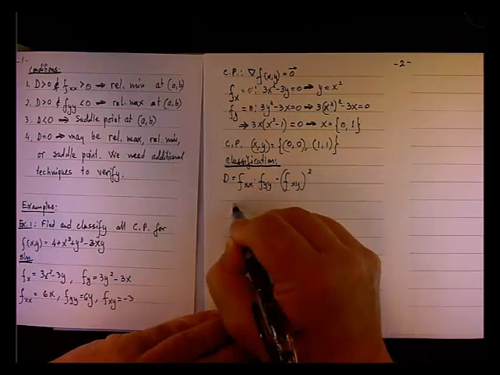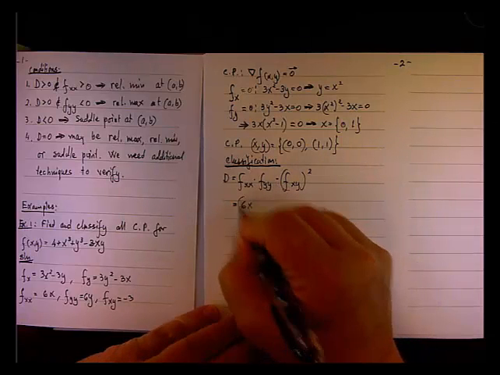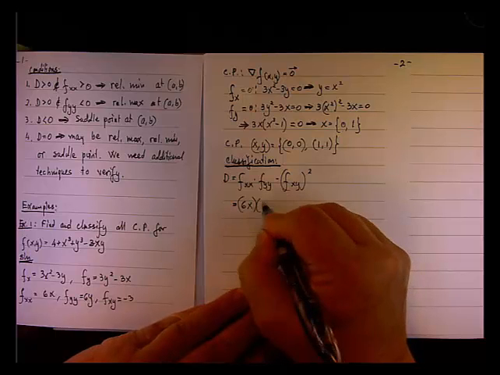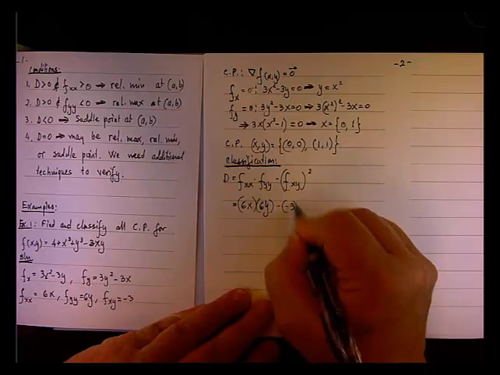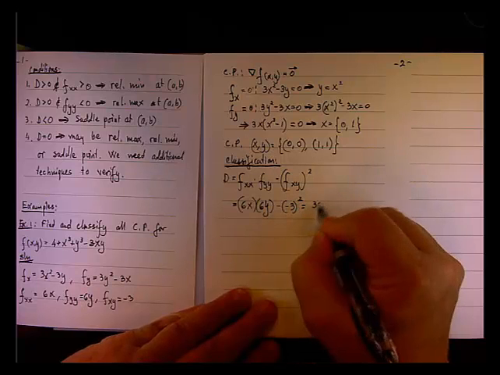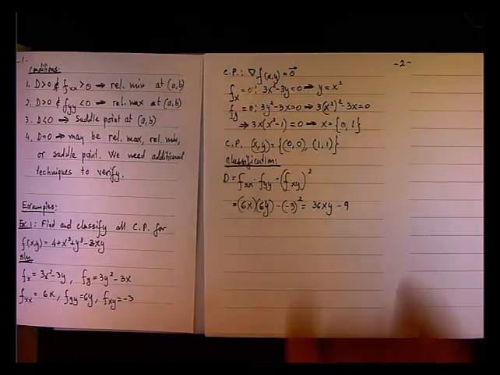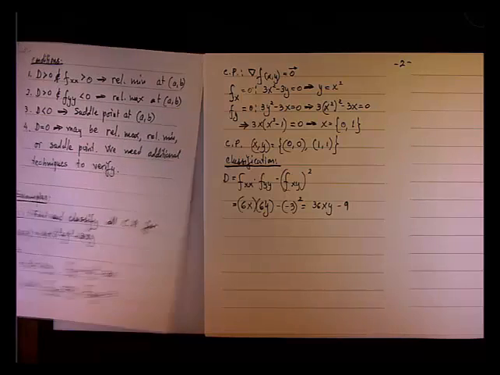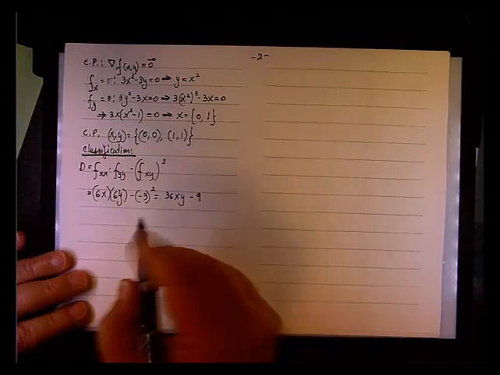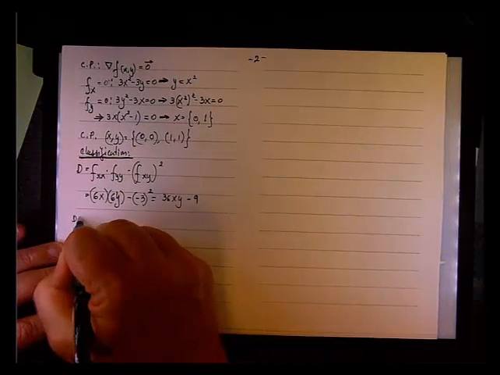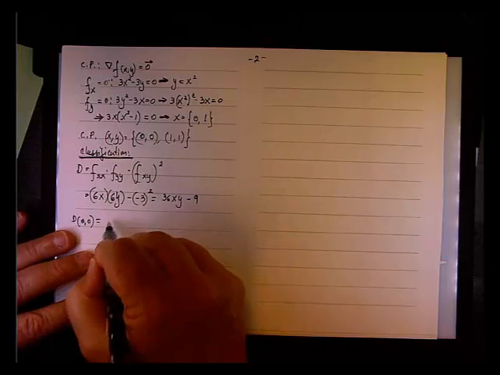D equals fxx times fyy minus fxy squared, like so. So in our case, it will be 6x times 6y minus negative 3 squared. So we're looking at 36xy minus 9. Okay? And now we have an expression for the determinant, and we can proceed just by replacing values.